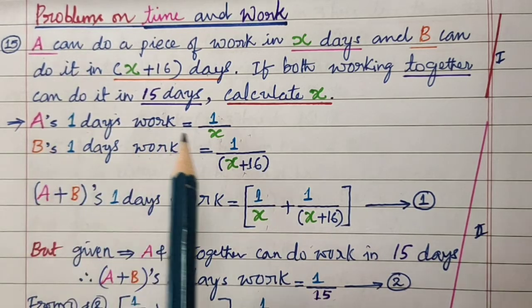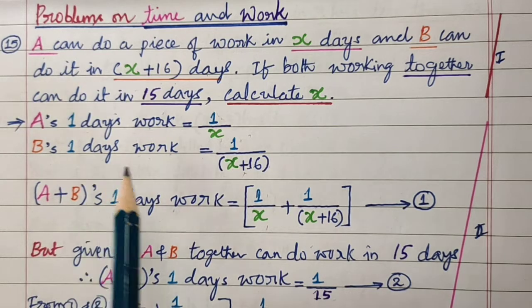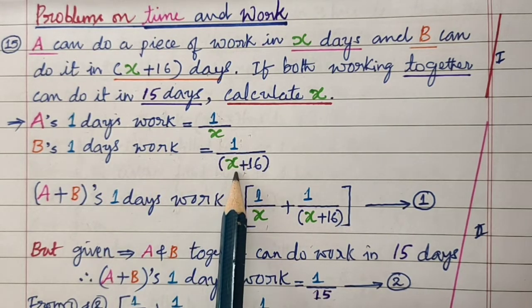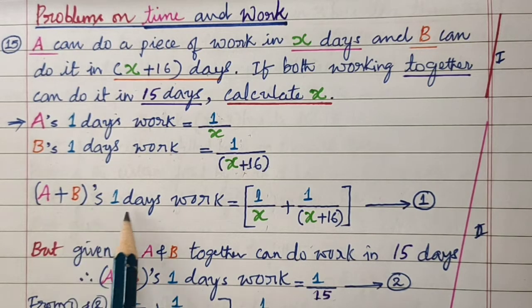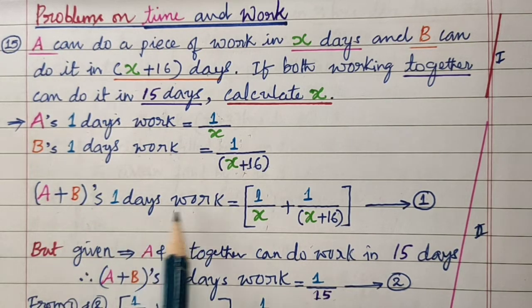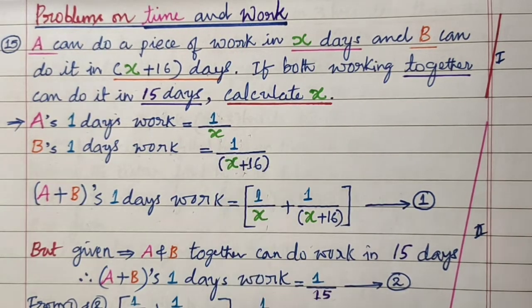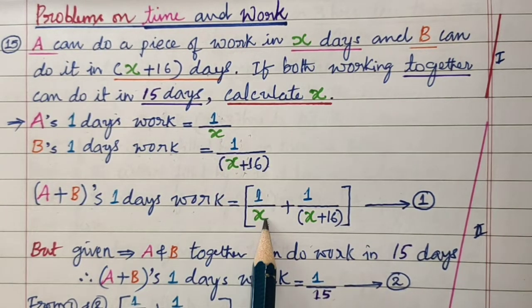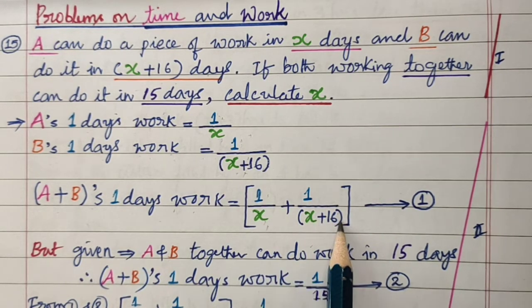Then A plus B's 1 day's work together is 1 day of A plus 1 day of B. 1 day of A is 1 divided by x, and 1 day of B is 1 divided by x plus 16.